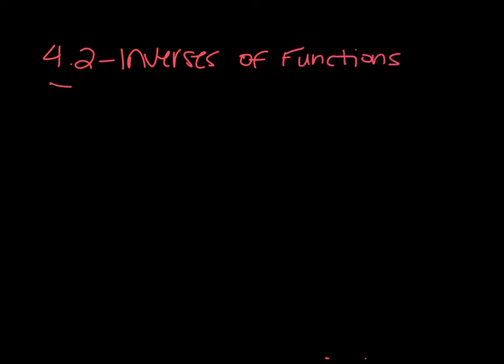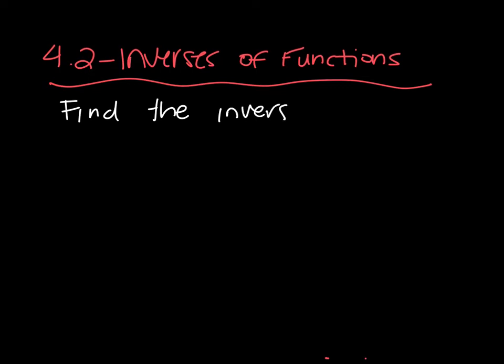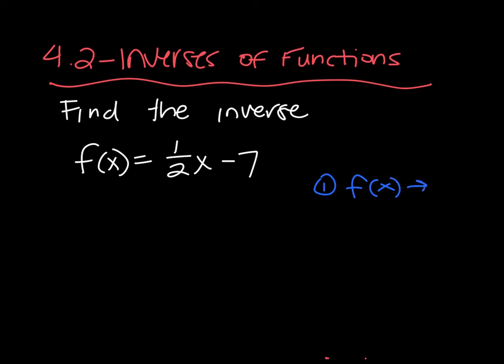There's no graphs of them, but you do have to find the inverse. So if I had y equals 1/2 x minus 7, and you want to find the inverse. The first thing you're going to do here, and these will actually be written as f of x, not y, so the first thing I'm going to do is change f of x to y.